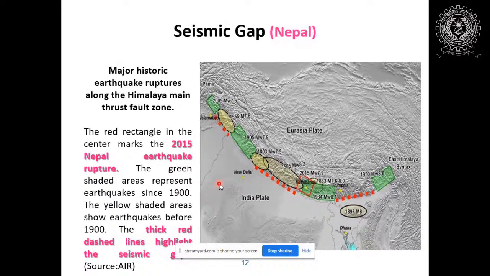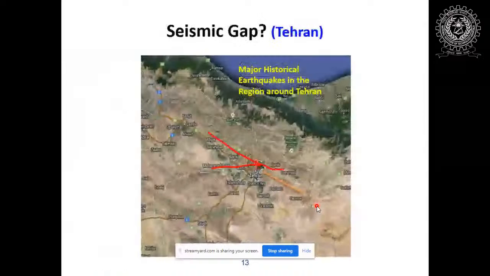There have been some pre-1900 and instrumental events after 1900 that covered some of these gaps before the 2015 Nepal earthquake. But this part has evidently been covered by the Nepal 2015 earthquake.